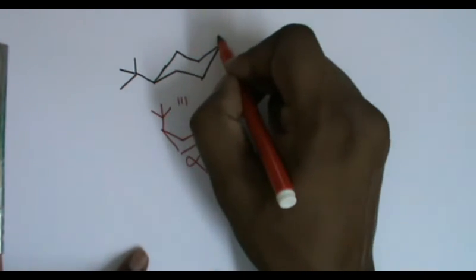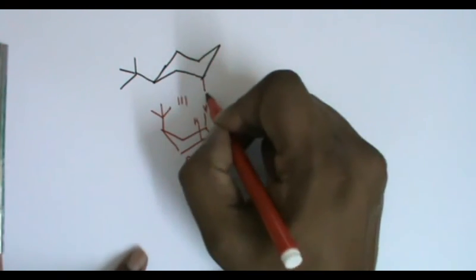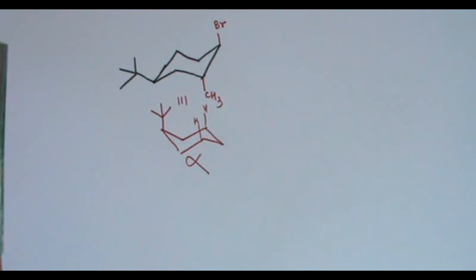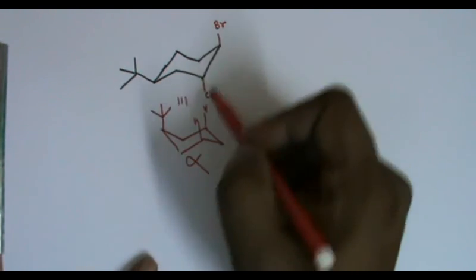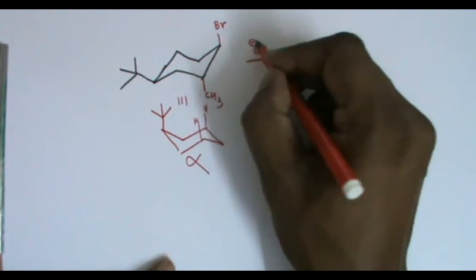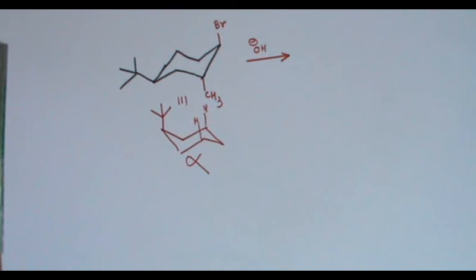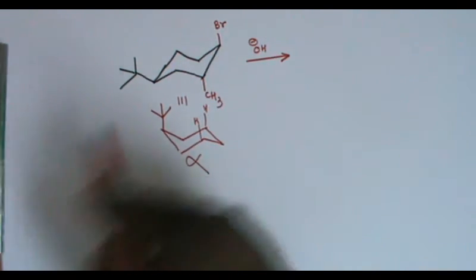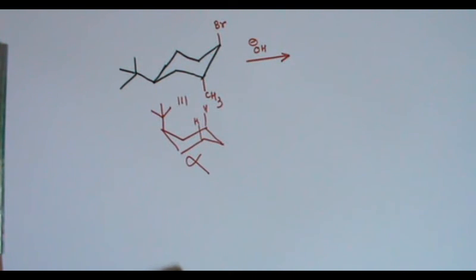Now I go for a molecule like this. So I have taken Br and CH3. What will be the product when I treat this with sodium hydroxide, which is a strong base? From the strong base, I can say it is not an E1 elimination. It should be E2 elimination, in that the base abstracts the proton which is trans to that.